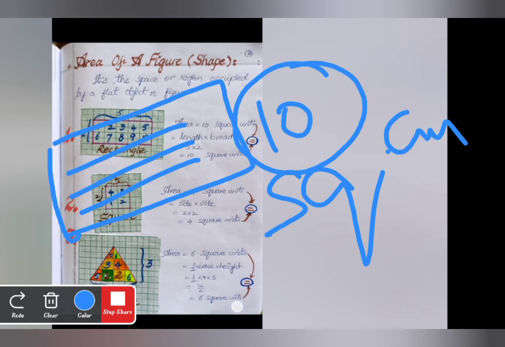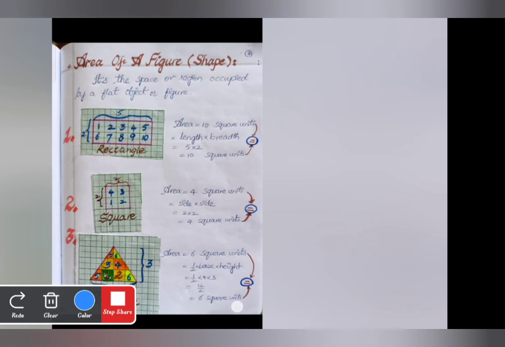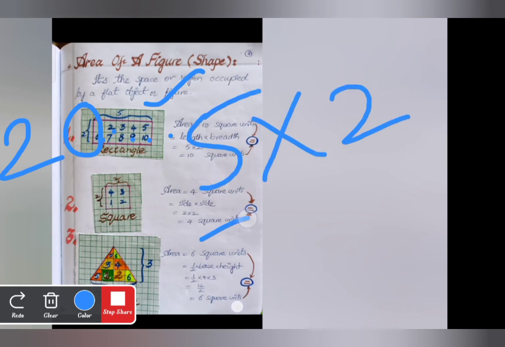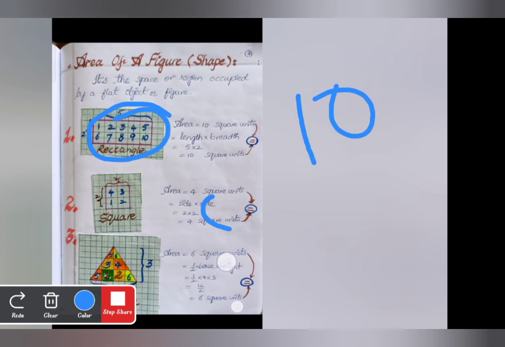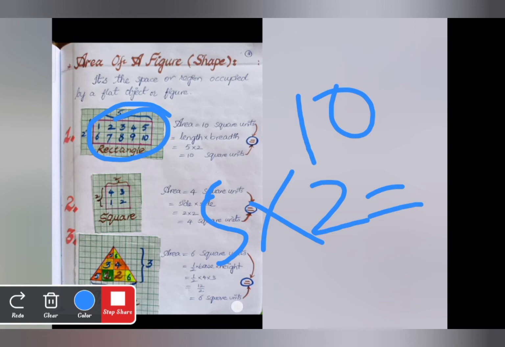Now we will try to generalize the formula. On this length side, how many squares are there? 1, 2, 3, 4, 5. 5 squares are there. On the breadth side, how many squares are there? 2 squares are there. If I multiply 5 into 2, I will get 10. Here, without a formula, we are also getting 10, and 5 into 2 gives the same.